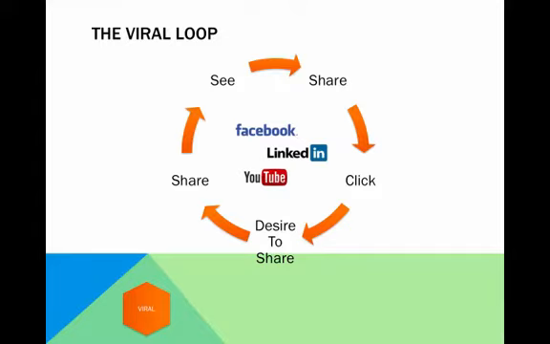They see that, they share it, they click it, and this loop goes on and on. You can picture that going out across the internet and spreading down through the web. That's a nice loop to be in, and that's really what we want to do: create some technology that allows us to take HGI and put it right into the center of that viral loop. We want to be one of those companies.